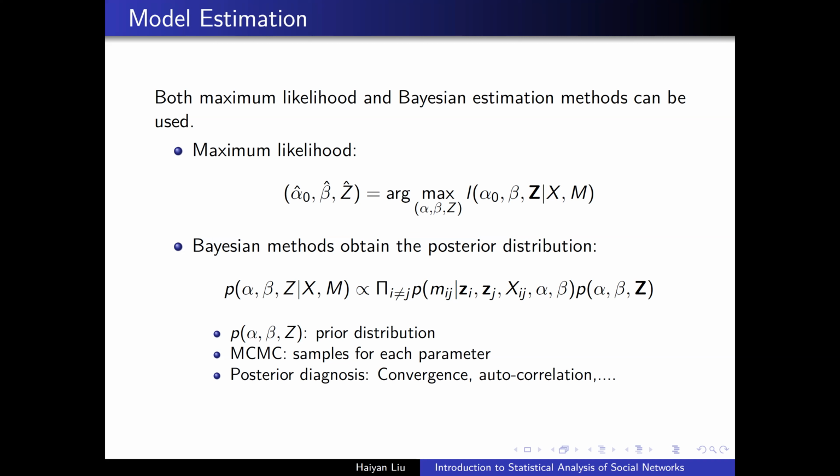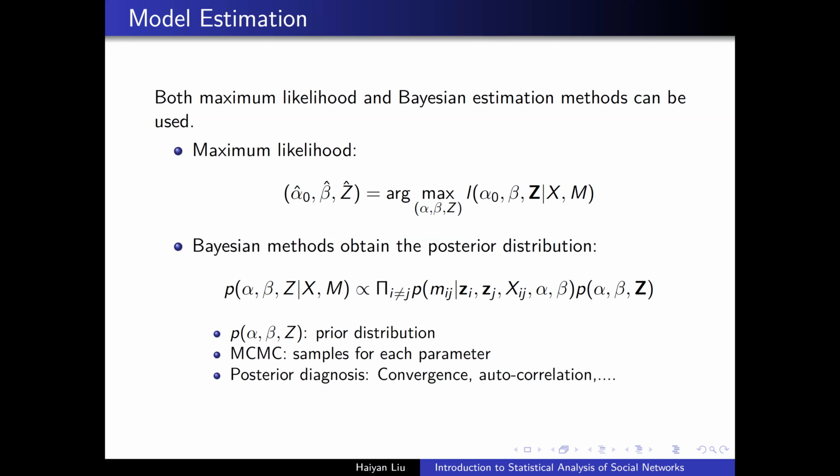We could use MCMC algorithms or procedures to obtain a chain of samples for each parameter. We use the set of samples we sampled for each parameter to approximate the posterior distribution. So we want to make sure that the samples we used are from the posterior distribution.